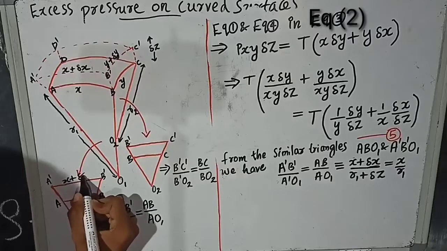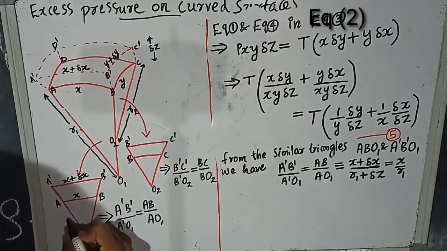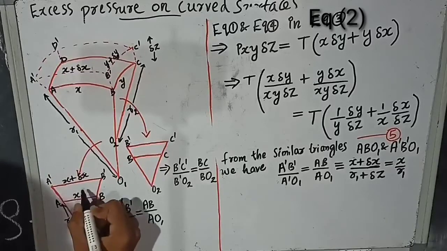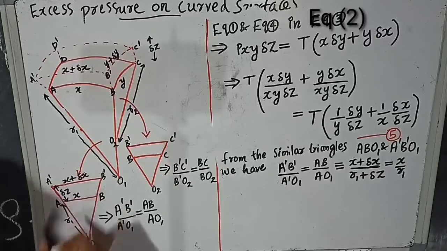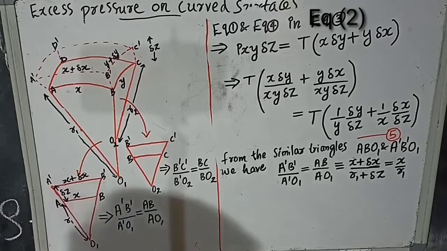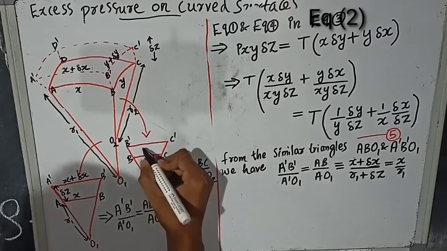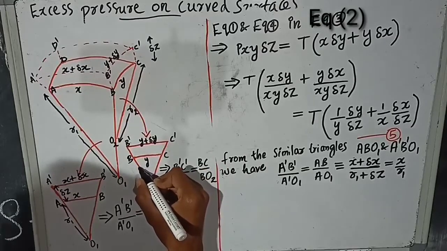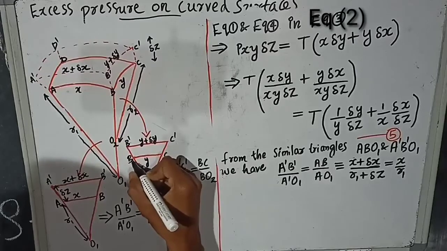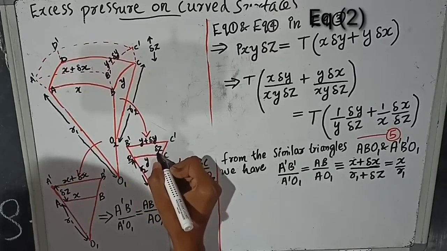This side is x plus delta x, this is x, this is R1, and this is delta z. In this triangle this is y, this is y plus delta y, this is R2, and this distance is delta z.